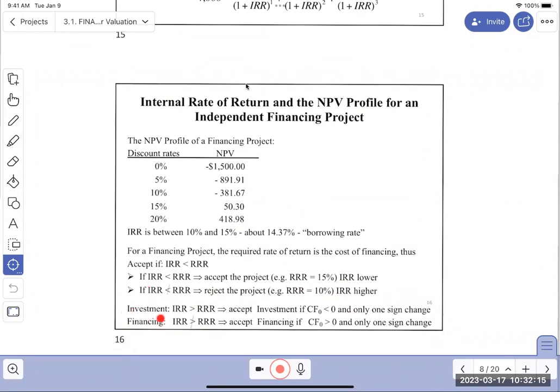If you have an investment project, you accept the project if the internal rate of return exceeds the required rate. In a finance project, the internal rate of return, the rate of borrowing, should not exceed the required rate of return. Or in other words, the required rate of return should exceed the IRR, however you want to write that or think about that.